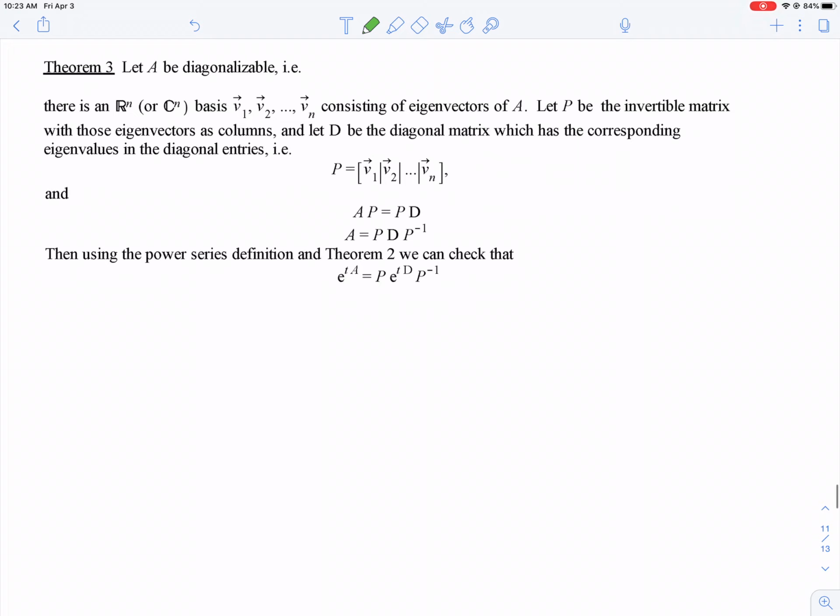Okay, well, we've been using diagonalization a fair amount to understand some of our first and second order differential equations in a more linear algebra-y way, and that also is the case for the matrix exponential. So let's assume that A is diagonalizable. So that means we have a basis of Rn if all the eigendata is real, or of Cn if some of it's complex.